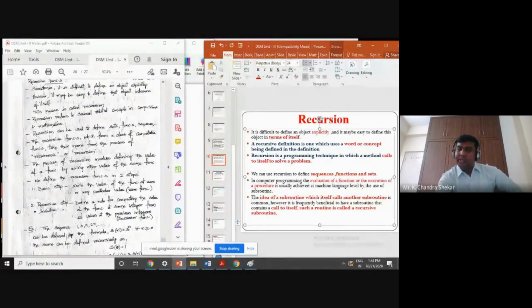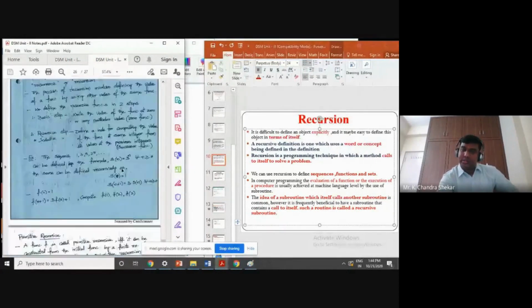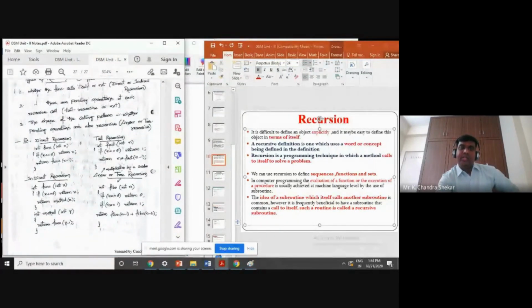The idea of a subroutine which itself can call another subroutine is common. However, it is frequently beneficial to have a subroutine that contains a call to itself. So we have discussed the concepts called direct recursion and indirect recursion. In direct recursion, the function calls itself within its own body. Whereas in indirect recursion, a function calls another function, and that other function in turn calls the first function.